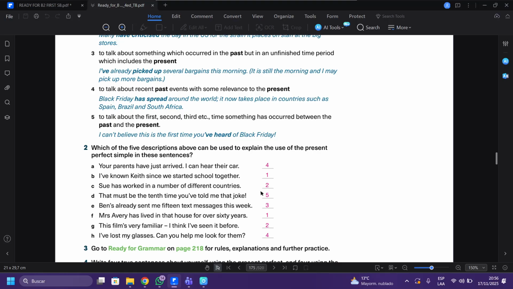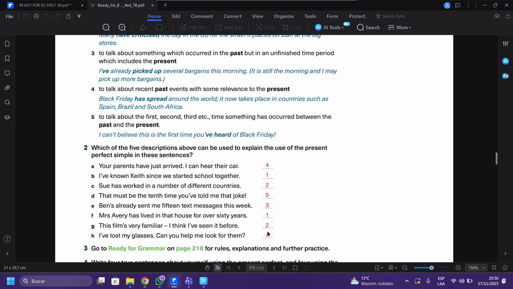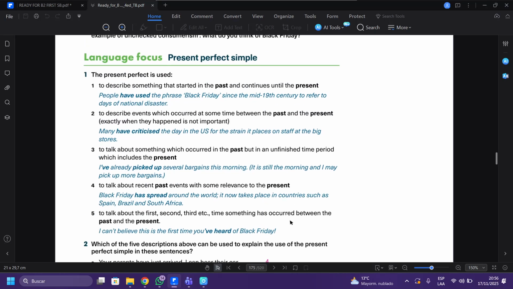Letter D, number 5. Letter E, number 3. Letter F, number 1. Letter G, 2. And the last one, letter H, number 4. And that's it. Okay? Those are the answers.